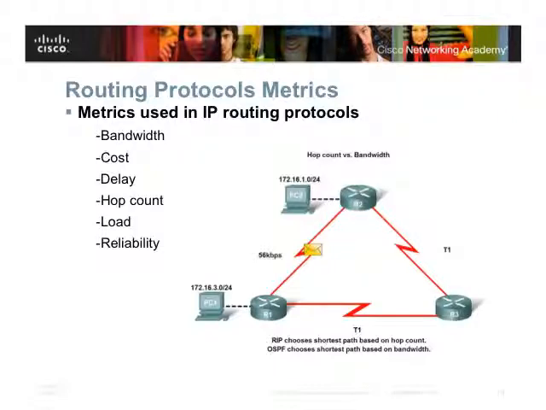Reliability means the probability of failure on this link. Maybe I'm sending something to Google, so Google is very reliable, so I need to send it through a link which is highly reliable. If I send it to the server in XYZ lab, this is highly unreliable, so the communication there may go down at any point in time. Okay? So we'll continue next time, inshallah.